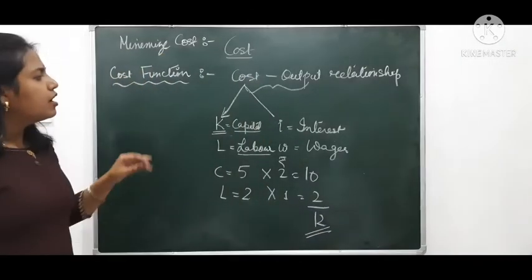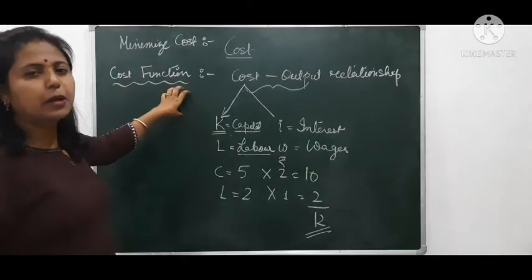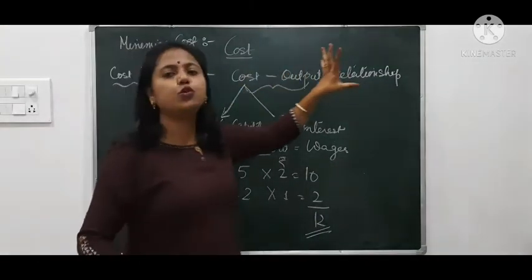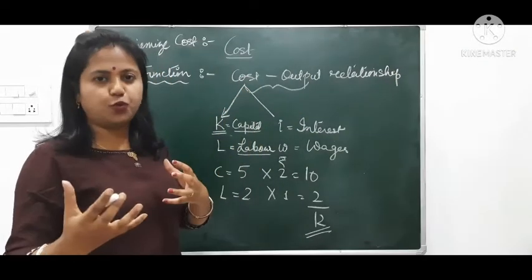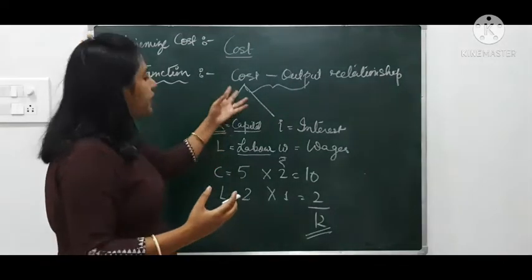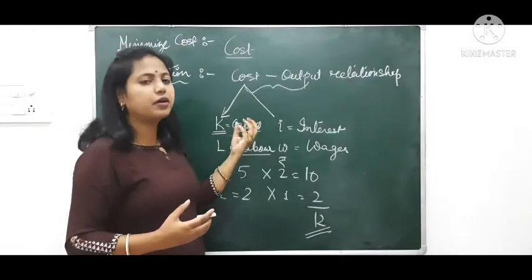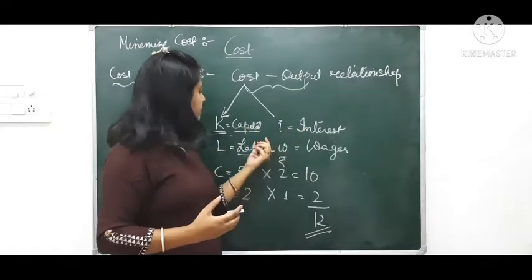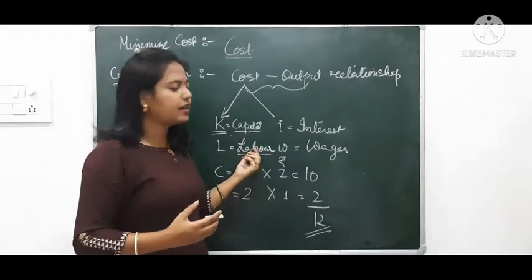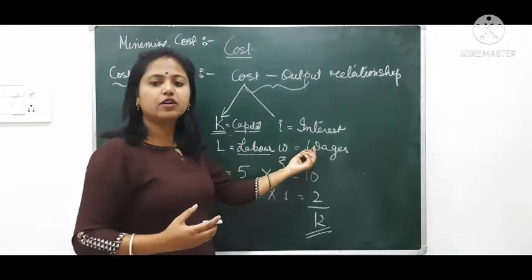I have told you that cost function is the relationship between the cost and the output. So what is cost? I have dissected it: cost is the firm's factors and its factor prices. The factors are labor and capital, and their prices are the interest and the wages.